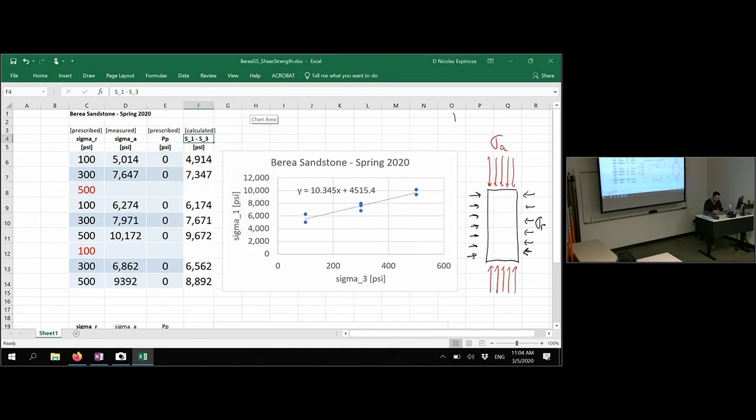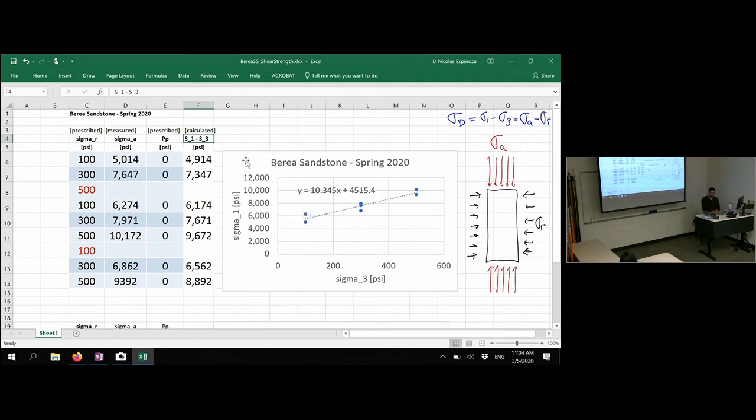The deviatoric stress, usually we call it sigma subscript d, is going to be sigma 1 minus sigma 3, and in our particular case is the axial stress minus the radial stress. All right, so that value is just the axial stress minus the radial stress. We are not using it here, but in the next example we'll see what that is.